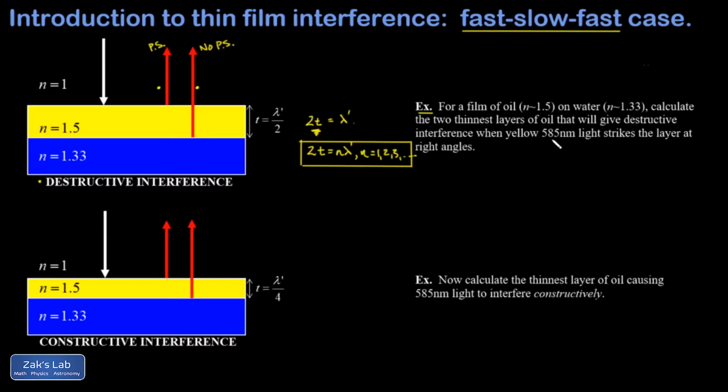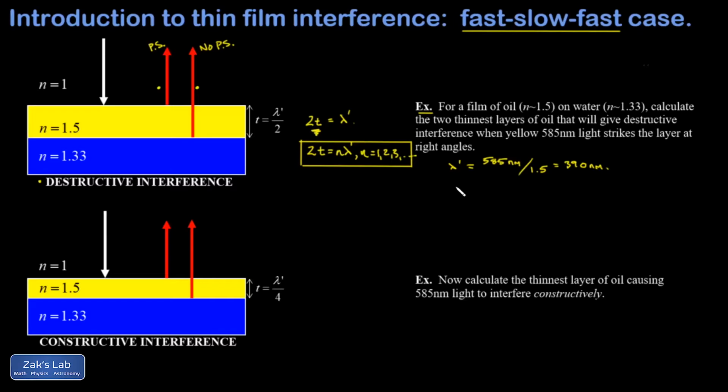It might be 585 nanometers in air, but it's not going to be anymore once it's in the oil. The wavelength actually decreases. That's lambda prime, and that's what we're going to start with. So the new wavelength is just the wavelength in vacuum or in air to a good approximation, divided by the index of refraction. So this light has a wavelength of 390 nanometers in the oil.